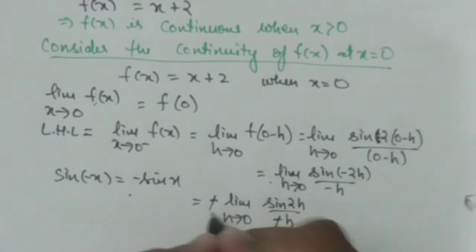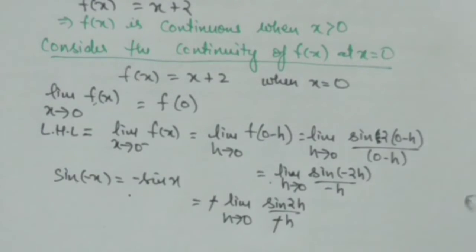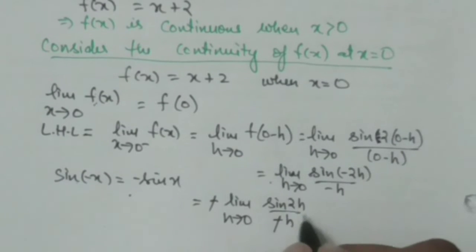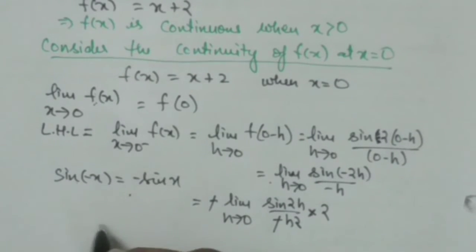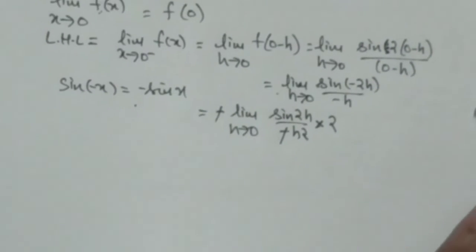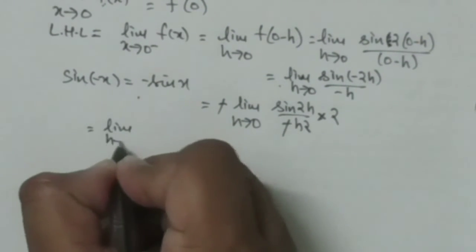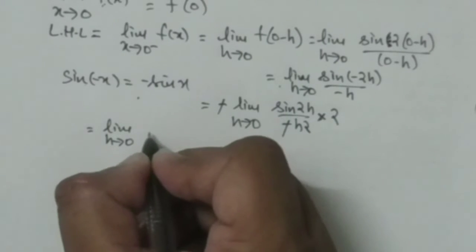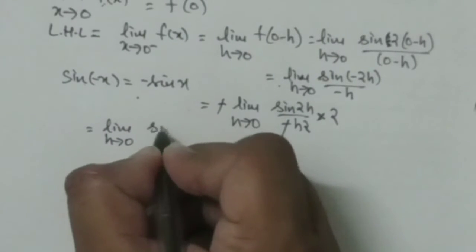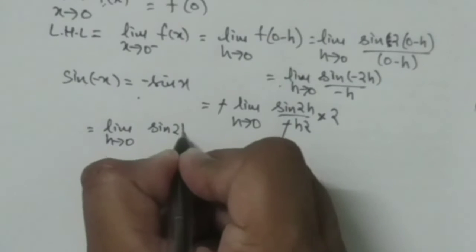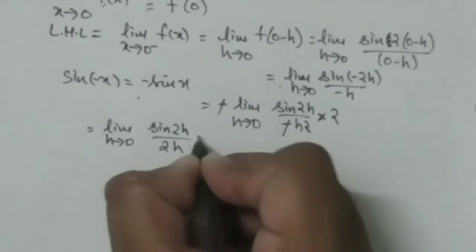This minus will cancel this minus. Now what we will do, we will multiply numerator and denominator both by 2, right? So now we have limit h tends to 0 sine 2h upon 2h into 2.